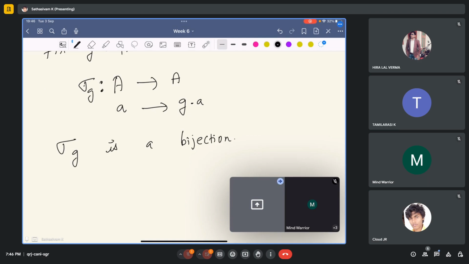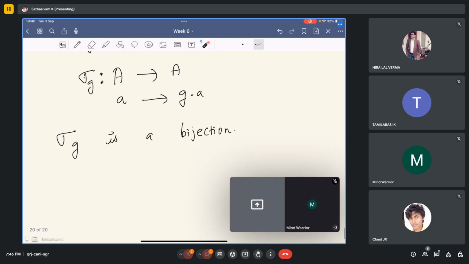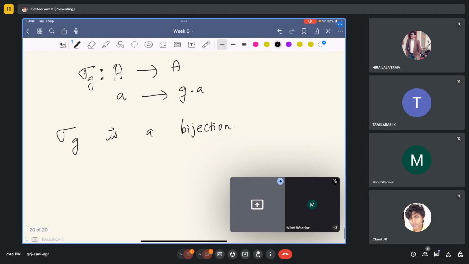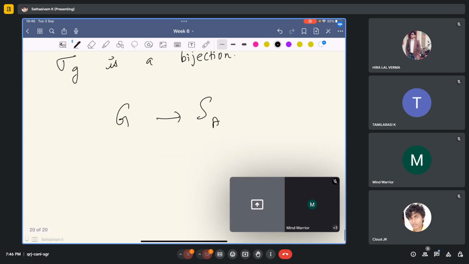So if A is a finite set, then this sigma g belongs to S of A, and this is basically a bijection. And if you take this map from G to S of A, you take this g. What I mean by S of A is the set of all bijections.